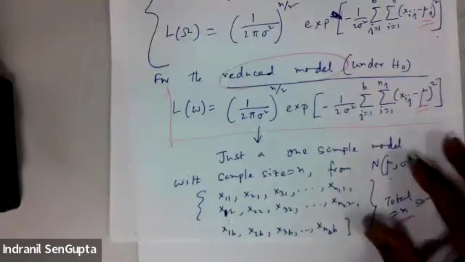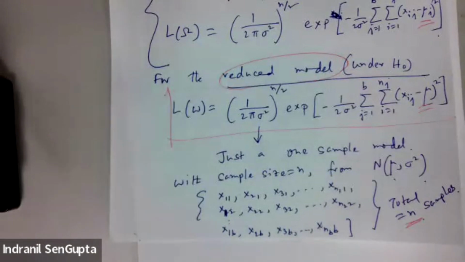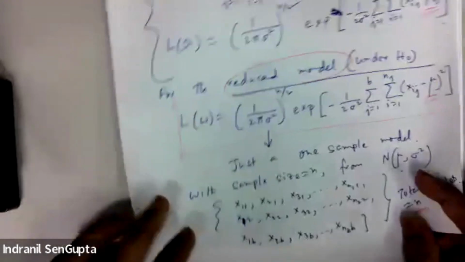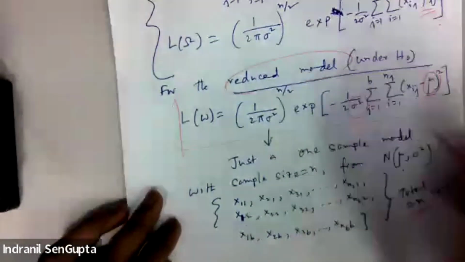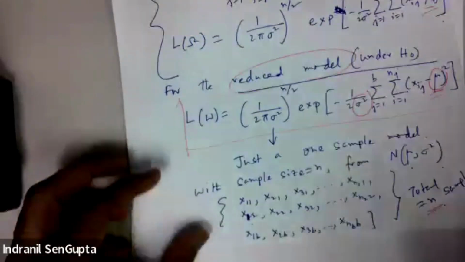Now, from this, we already know how to find the maximum likelihood estimate for this mu and for this sigma squared.